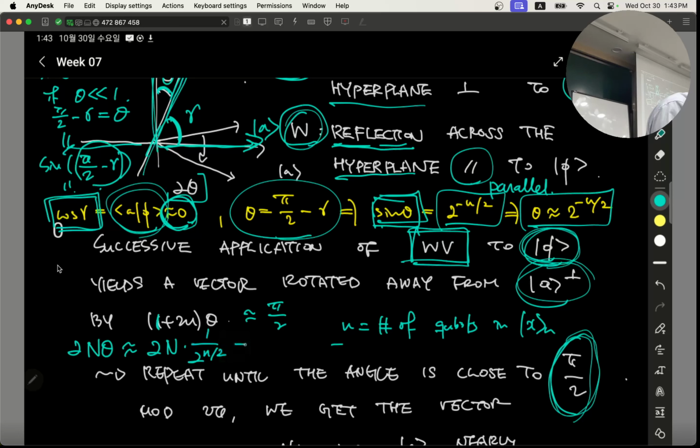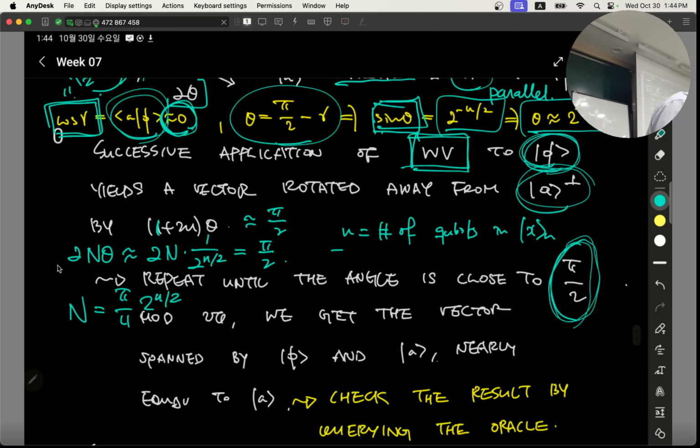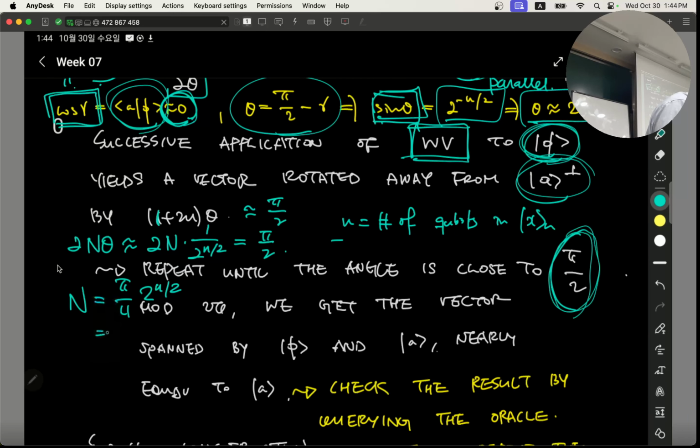And if I want that to be equal to pi over 2, then n is 4 pi 2 to the n over 2. Oh, sorry, I made a mistake here. So yeah, actually it's worse than I was thinking.